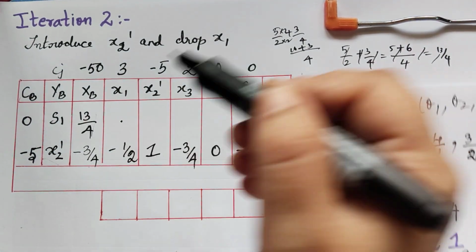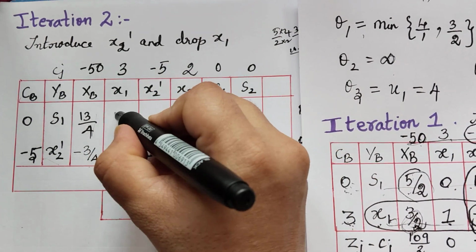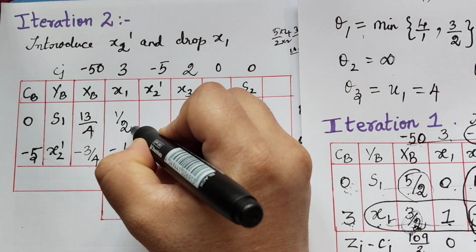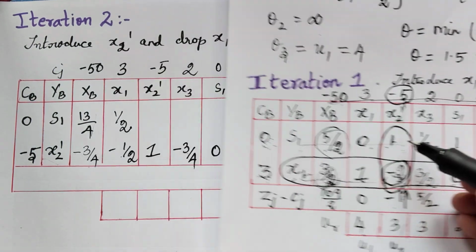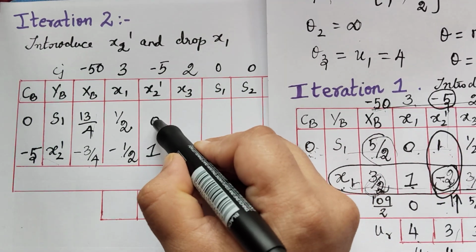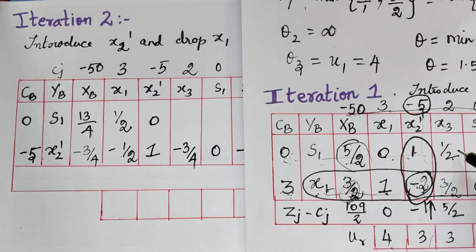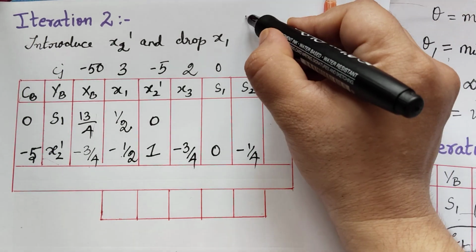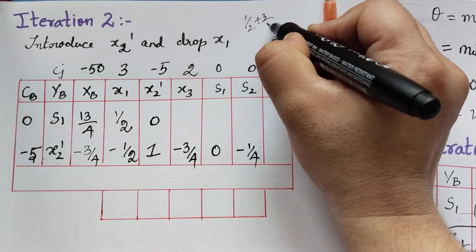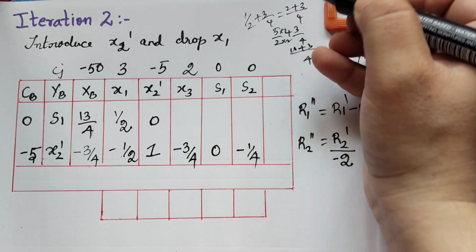Similarly for this element, 0 minus of minus 1 by 2, so it will be plus 1 by 2. And then for this element 1, here we have 1 minus 1 will be 0. Next element is 1 by 2. So 1 by 2 minus of minus, plus 3 by 4. So 1 by 2 plus 3 by 4, the LCM is 4. So 2 plus 3, which will be 5 by 4.